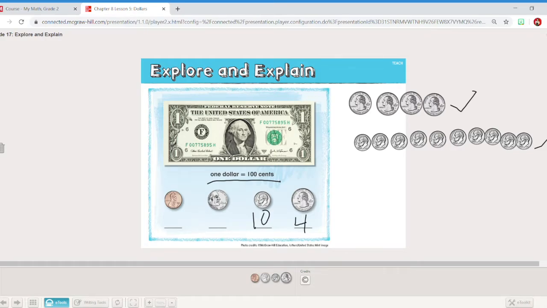So what I want you to think, if we needed 10 dimes to make 100, you're going to need double that amount of nickels because a nickel is worth half the value.